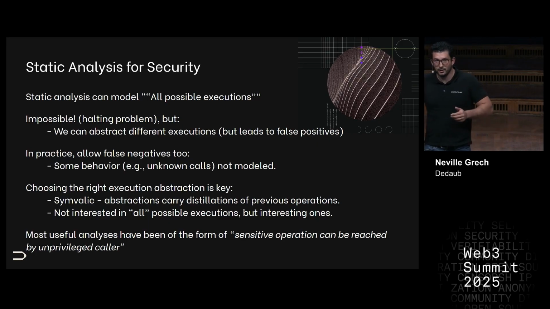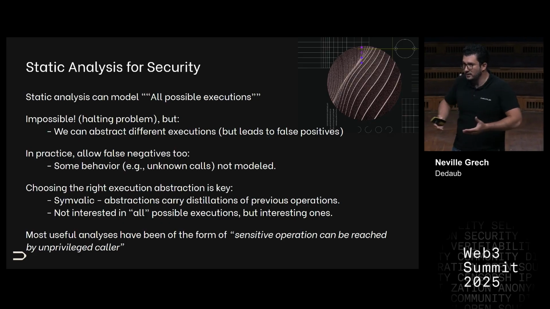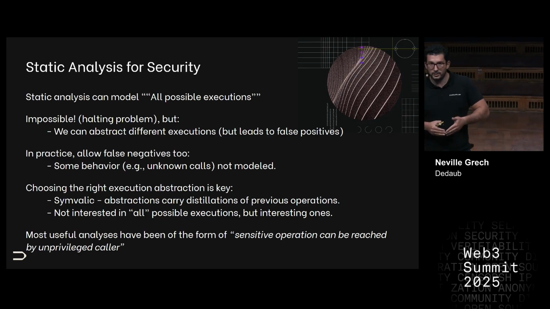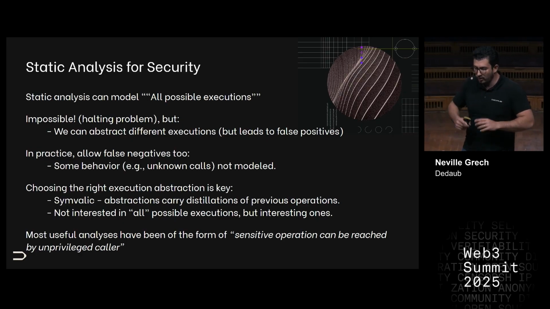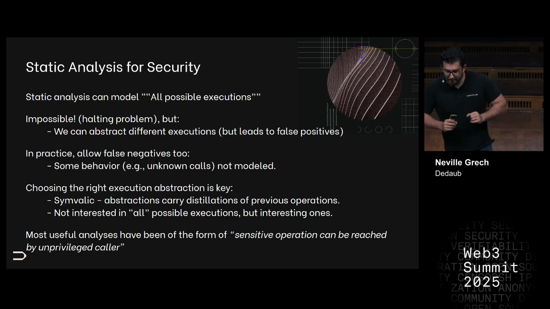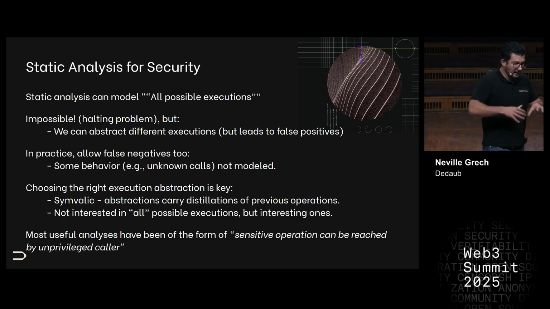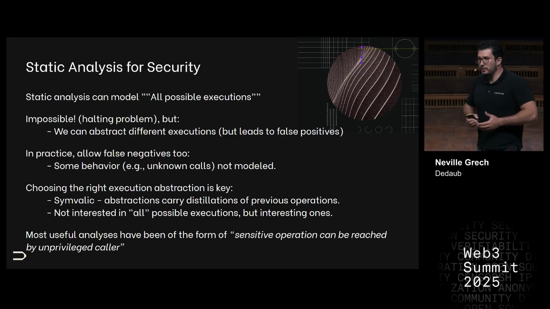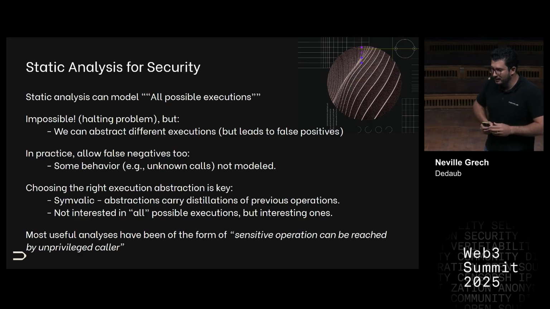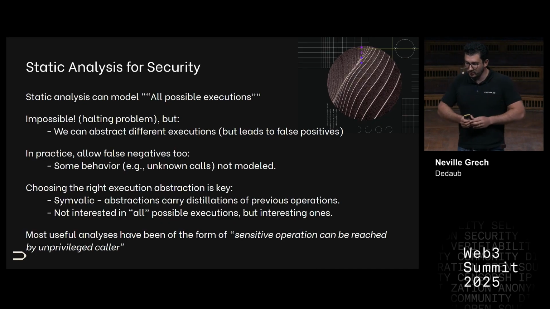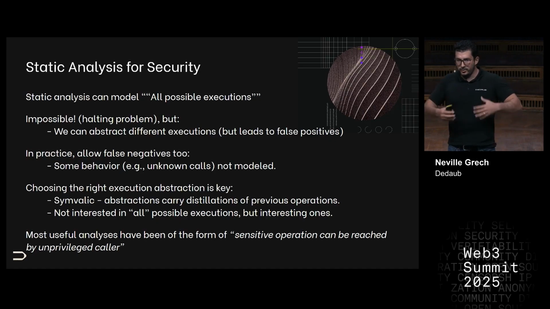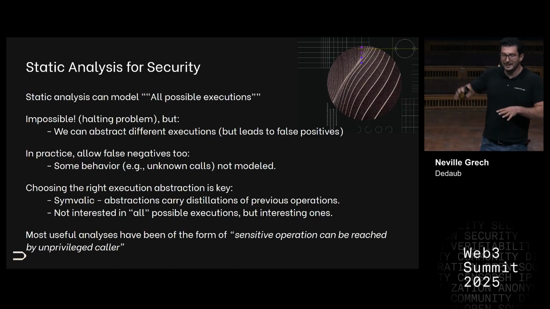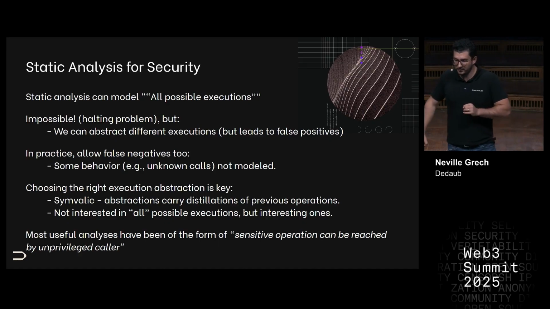However, that is a rather theoretical description, because actually it is impossible to do it fully precisely, so to speak, because of something called the halting problem. But we can abstract the execution of the program. We don't need to have very, very precise execution of the program. But when you abstract the execution, it leads to a lot of false positives.